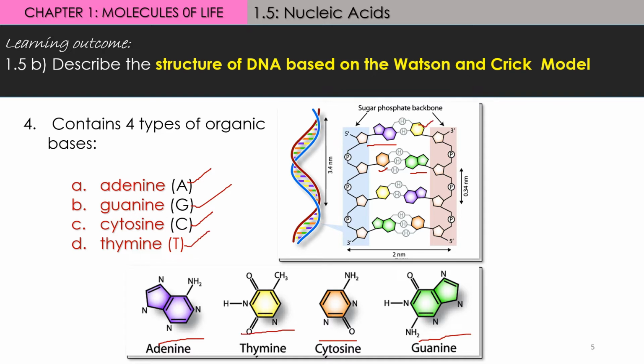From the figure provided here, you can notice that adenine and guanine exist as a double ring that fuse together, while thymine and cytosine exist as a single ring.